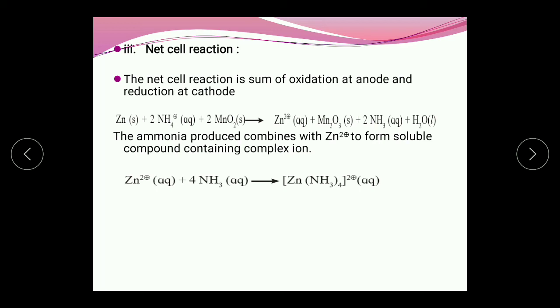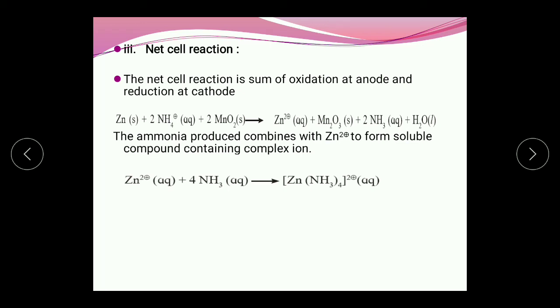Oxidation at anode, what happens there? Reduction at cathode. At cathode, when hydrogen is produced, it is treated with MnO2 to produce Mn2O3 and H2O. And again, you have to write the net cathode reaction. And lastly, the net cell reaction is the sum of oxidation and reduction. So this is all about the cell reactions.